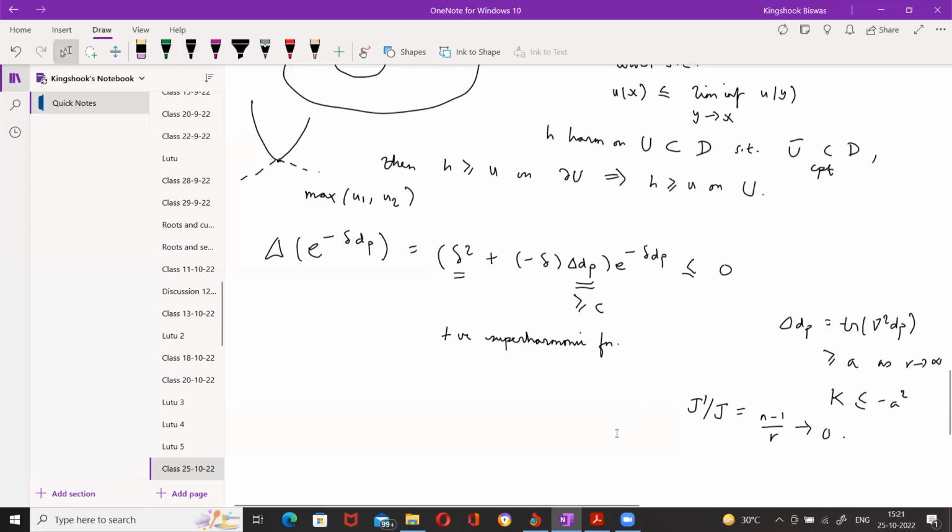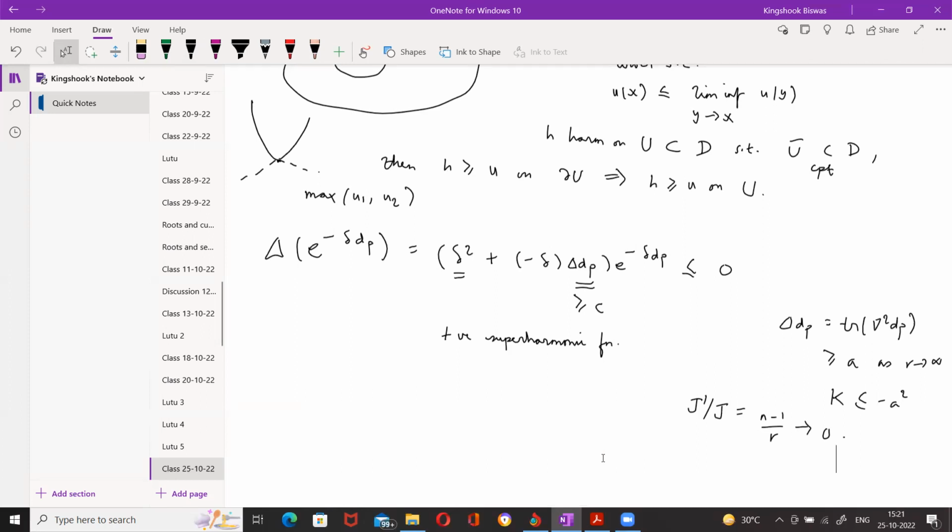Parabolic in particular will satisfy the Liouville property. There are no bounded harmonic functions on a parabolic manifold, because if you have a bounded harmonic function, you just add a constant, and it will become a positive superharmonic function. So parabolic manifolds satisfy the Liouville property.